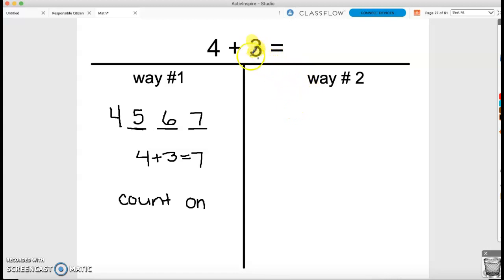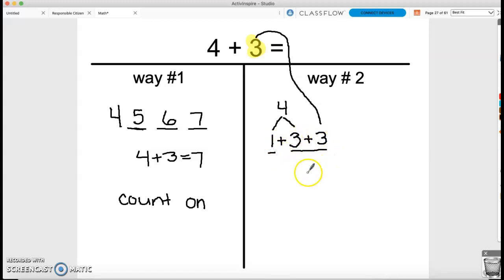But I can use a doubles plus 1 or a doubles minus 1. So I have 3 highlighted. So I know that 4 is really 1 and 3. So I'm going to do 1 plus 3 plus my other 3 right here. So I have 1 plus 3 plus 3. So here is my doubles plus 1.